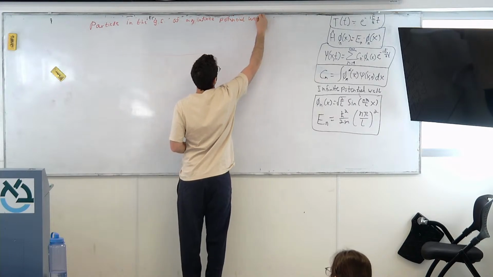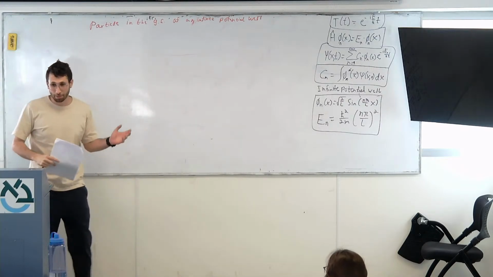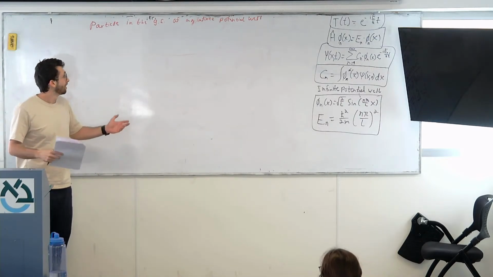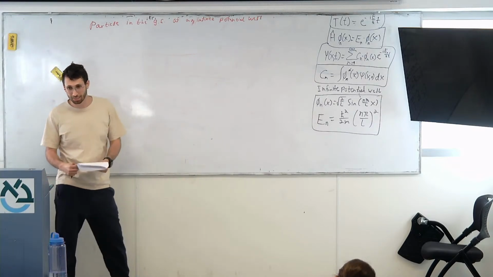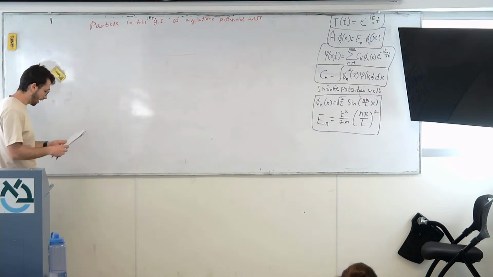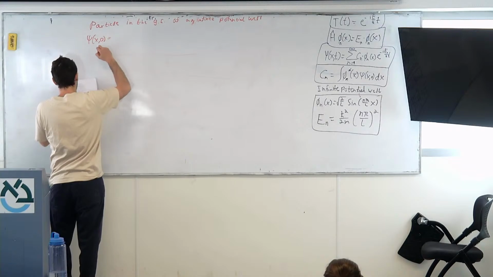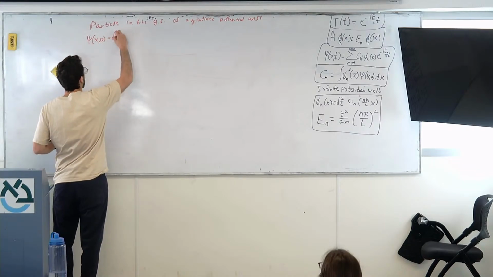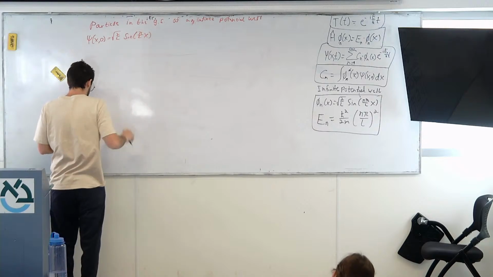All of these words we heard today already. So we have a particle in an infinitely large potential well, and it is specifically at the ground state. In other words, psi of x at 0 is equal to square root of 2 over L sine of pi over L x.